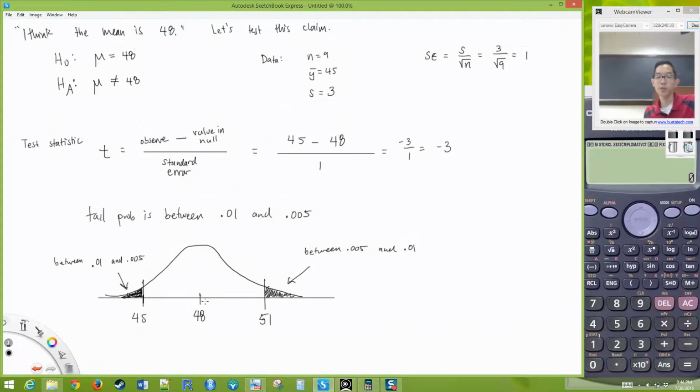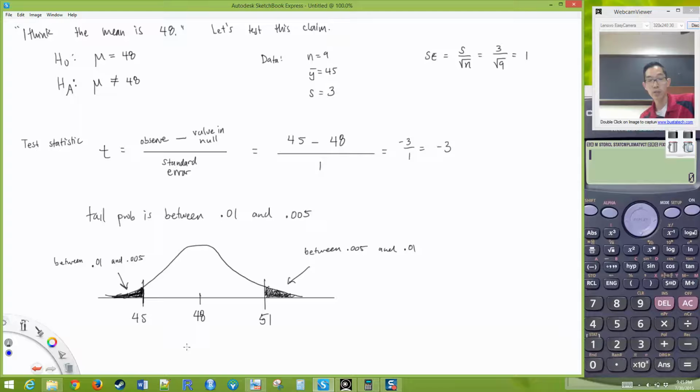So when I draw my picture, I know that these two tail areas are between 0.001 and 0.005 each. I want to know the probability of getting something like my data, in this case 45, or something more extreme, so even less than 45. But it also means being up at 51 or more. So I'm looking at the total probability in both of these tails.